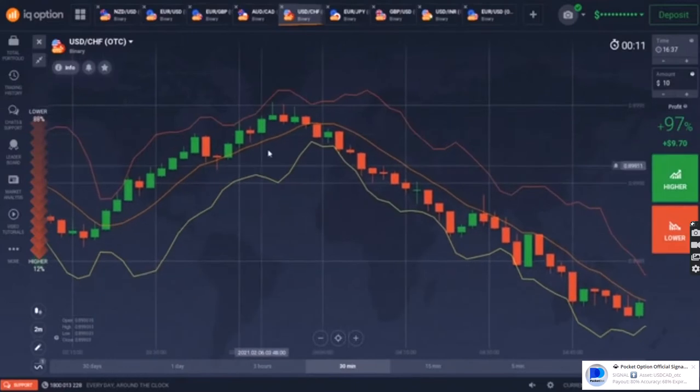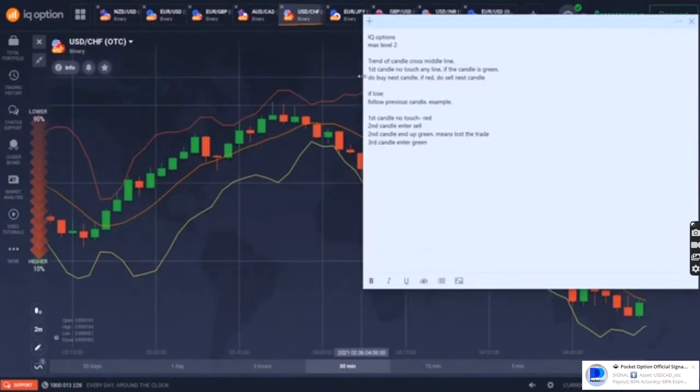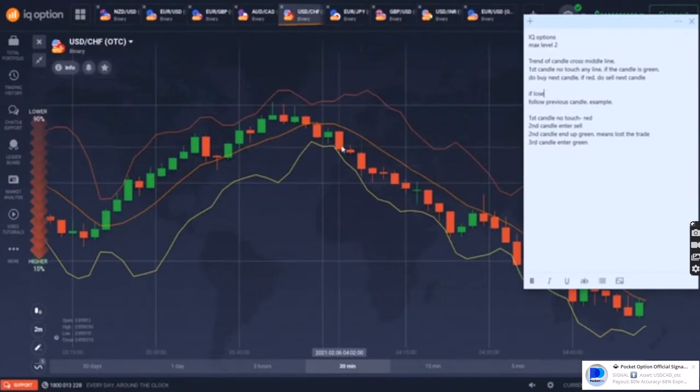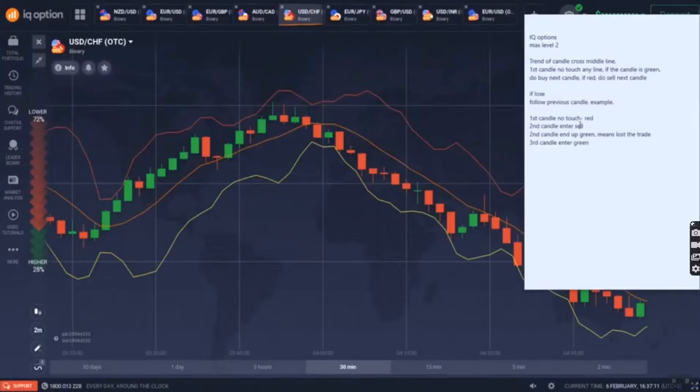For this method, if it loses, as we show here, we go and follow the previous candle. Okay, so carry on with this. We have entered the trade here, which means this is the first indication candle.